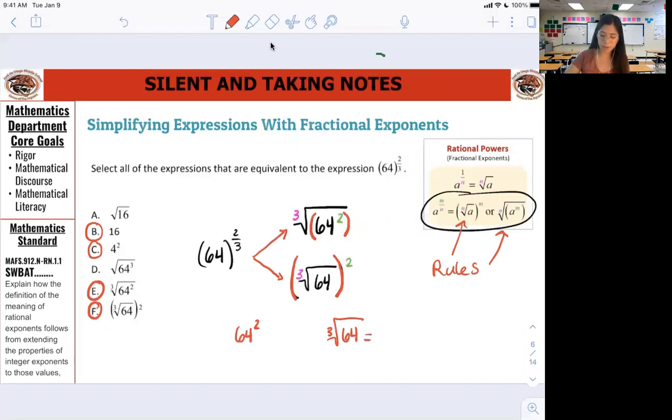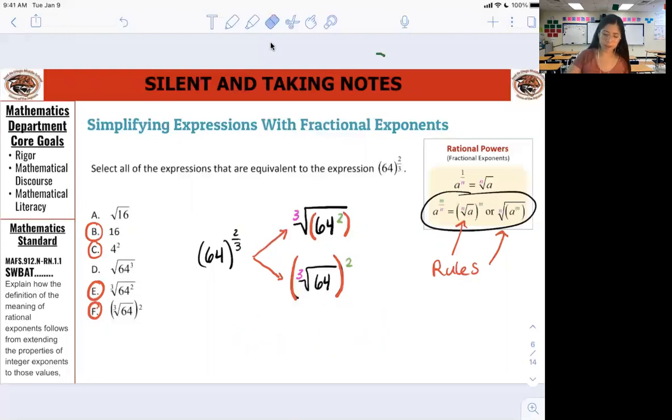Cube root of 64 is 4. It's a very easy thing to just know off the top of your head. 64 squared, I don't know that off the top of my head. I'm going to need a calculator for that. But on a test, you might not have a calculator with you. So it's much easier to take the cube root because that's something that we've already memorized.